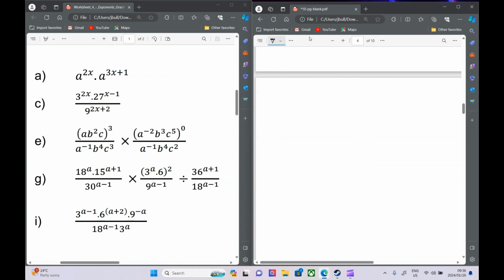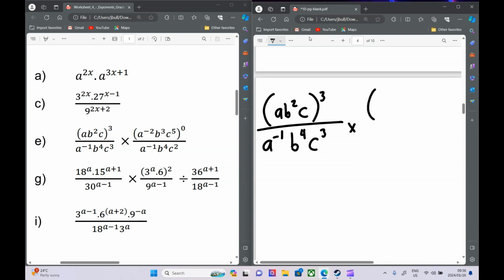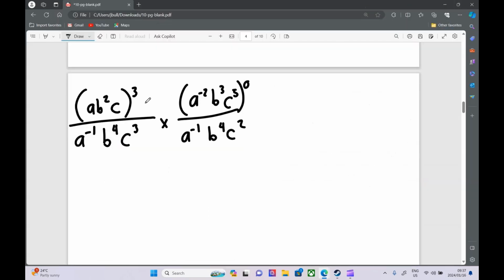Okay, so in E we have got really long, let's write this out and I'll make it a bit bigger. (ab squared c) cubed over a to the minus 1, b to the 4, c to the 3, times (a to the minus 2, b to the 3, c to the 5) to the power of 0, over a to the minus 1, b to the 4, c squared. Okay, so that's the one we're going to do here. I'm going to make it bigger so we can actually see what's going on.